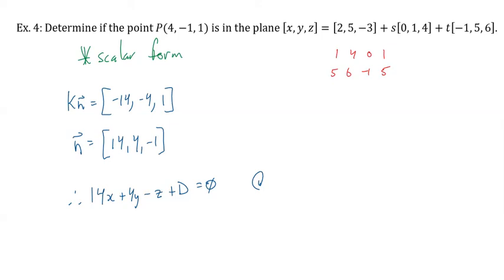28 plus 20 plus 3 is 51, so D is negative 51. And now I'm going to check the other point.